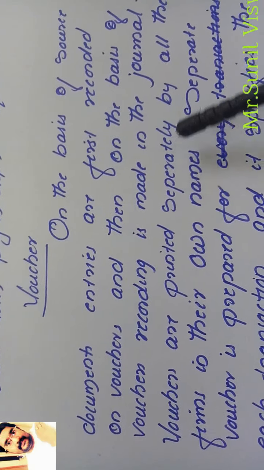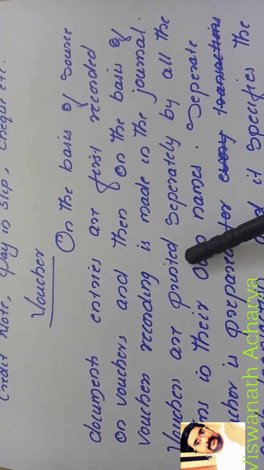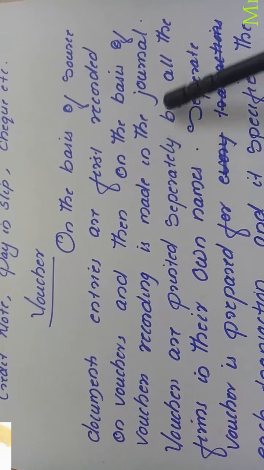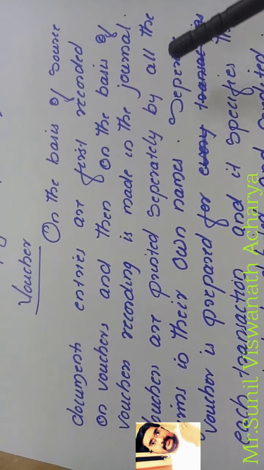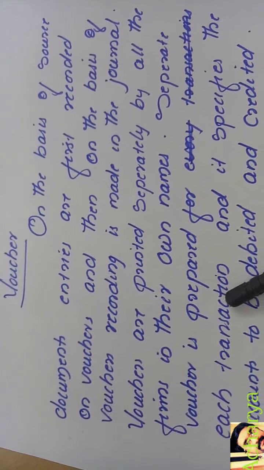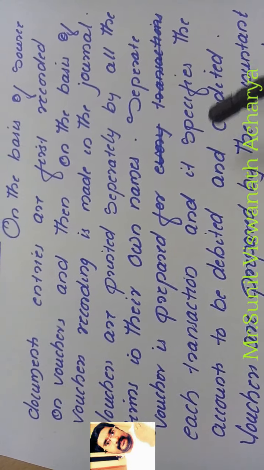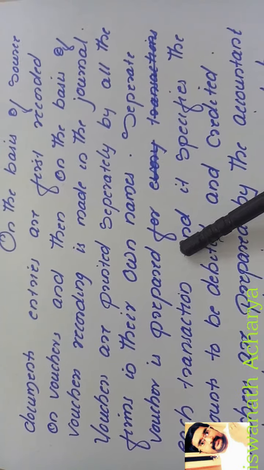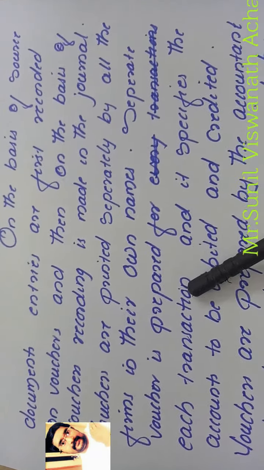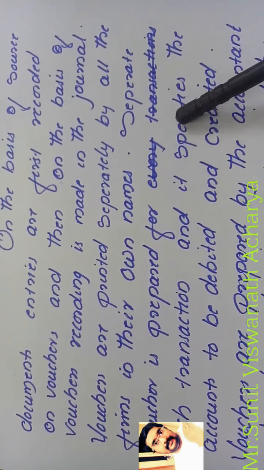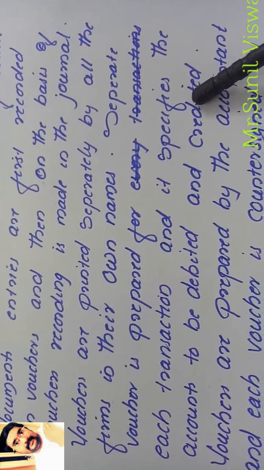Vouchers are printed separately by all firms in their own names. A separate voucher is prepared for each transaction, and it specifies the account to be debited and the account to be credited.